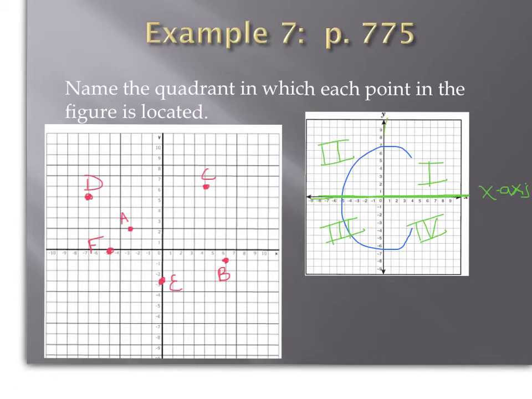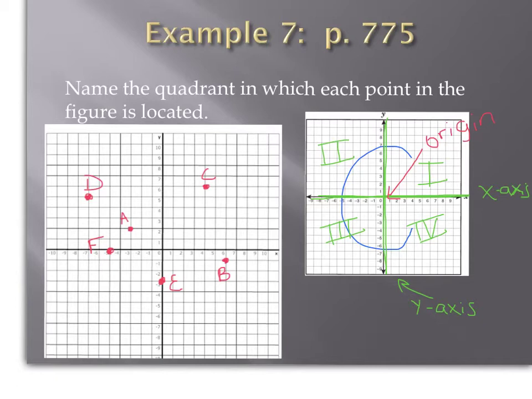Anything that falls along this line is not in a quadrant, but on the y-axis. Anything in the center at 0, 0, that point is called the origin.